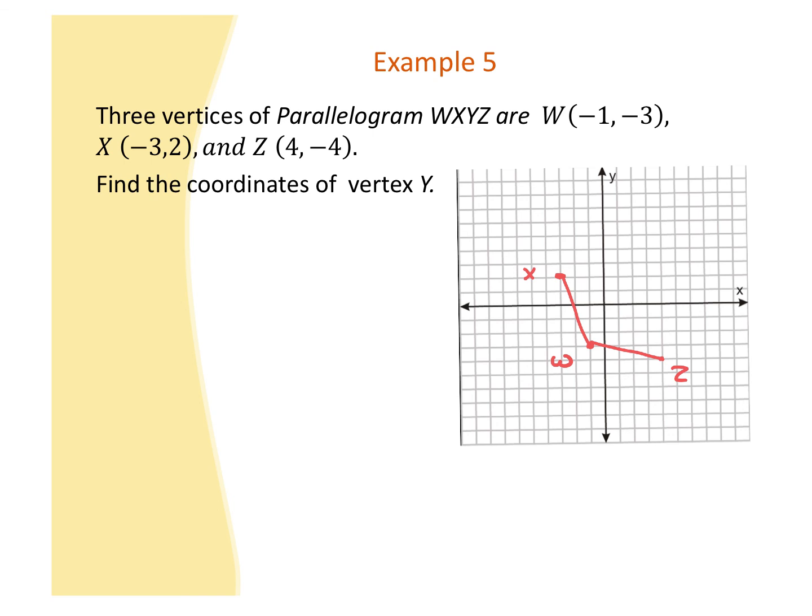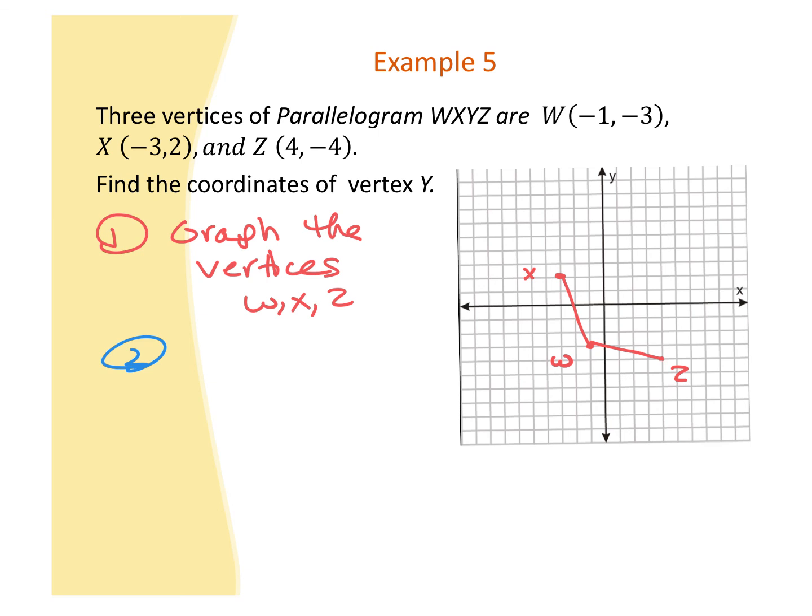I need to find the 4th coordinate. What we need to do is find the slope, because remember we have parallel sides here, and parallel lines have the same slope. So step number 1 is to graph the vertices, so we're graphing W, X, and Z. Step number 2 is to find the slope of WX.